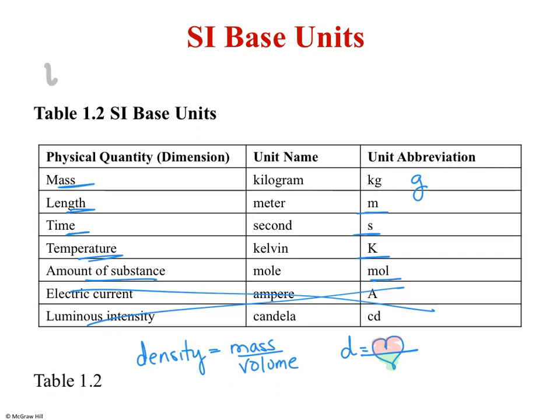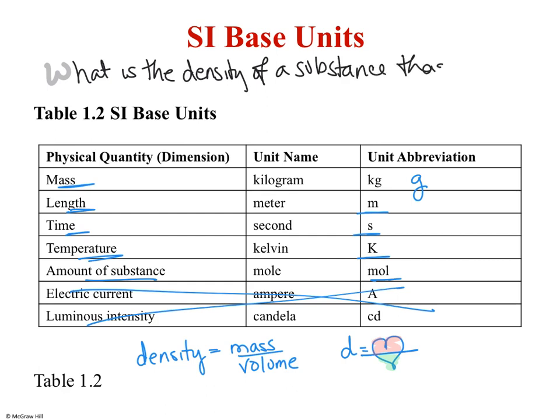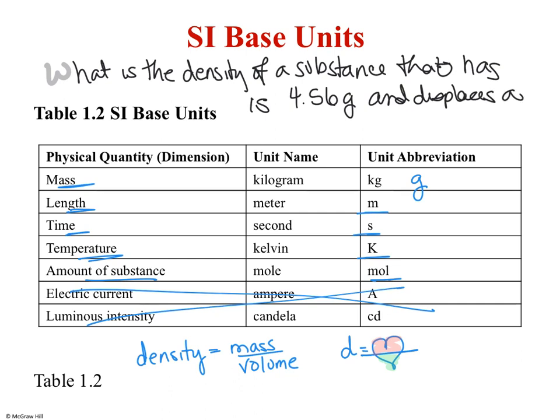So if you were given a problem like, what is the density of a substance that is 4.56 grams and displaces an amount of water, 2.54 milliliters.